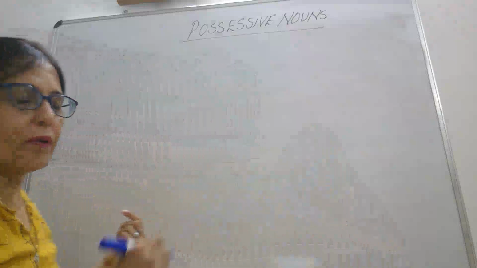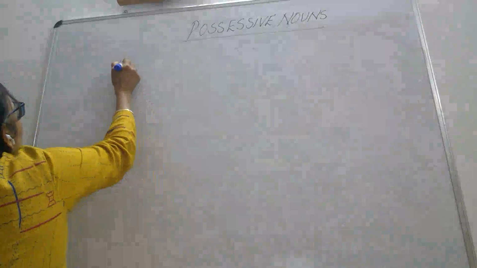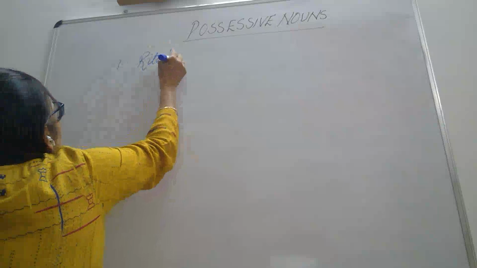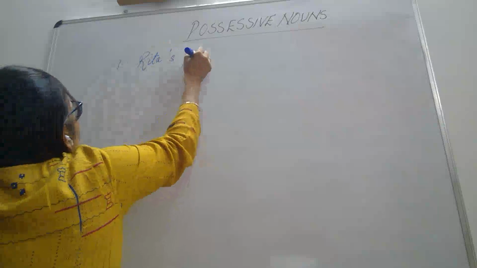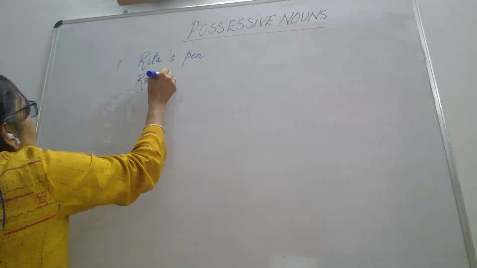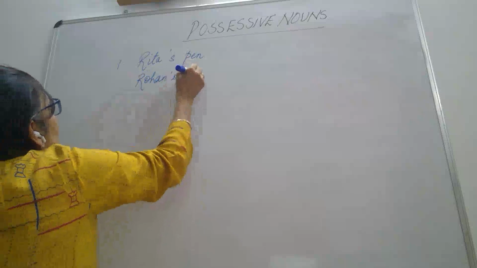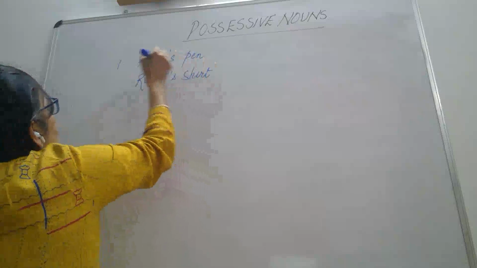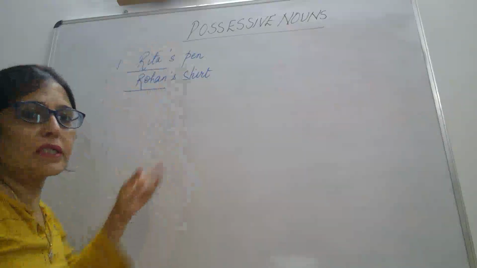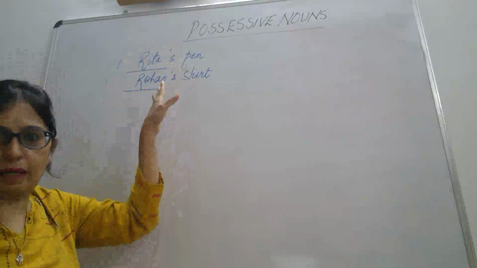For example, Rita's pen, Rohan's shirt. This is a singular noun. To show possession, we have just added S.